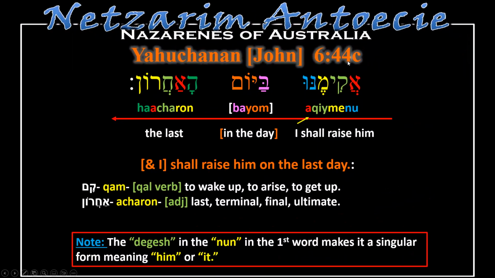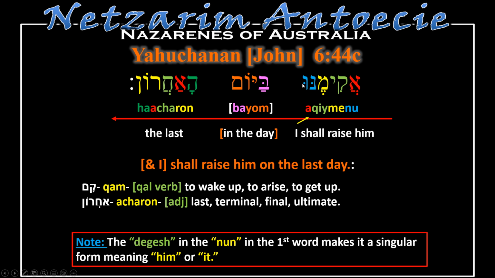And so we have 44C, we have an aleph, a kuf, a yod, mem, nun, vav, bet, yod, vav, mem sofit, hey, aleph, chet, resh, vav, and nun sofit. And we read it. Ki me nu, I shall raise him.